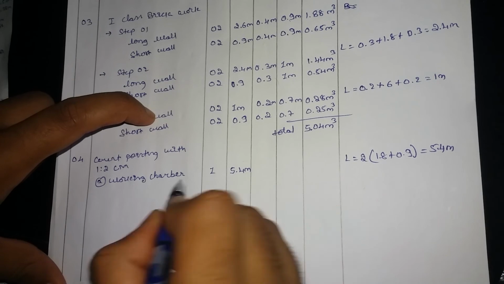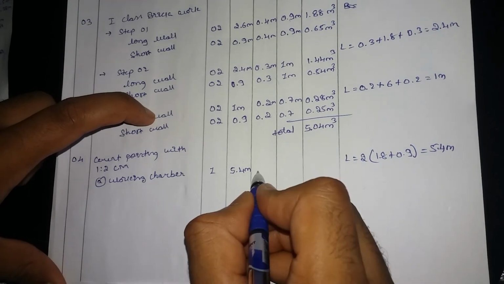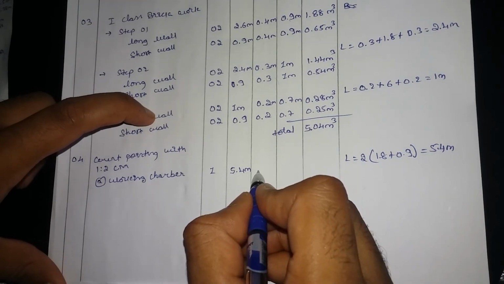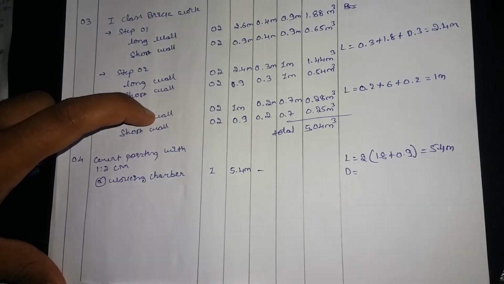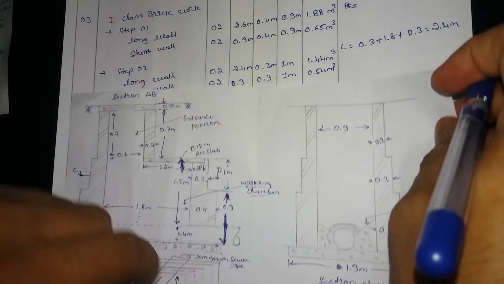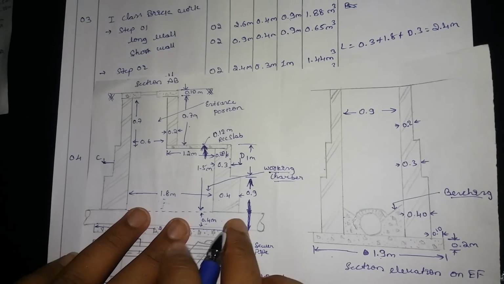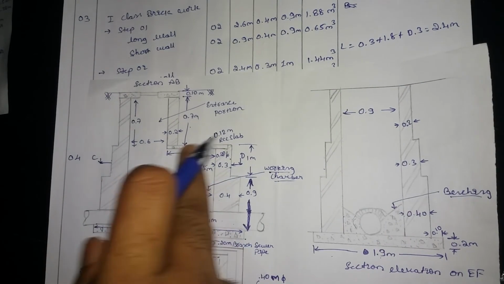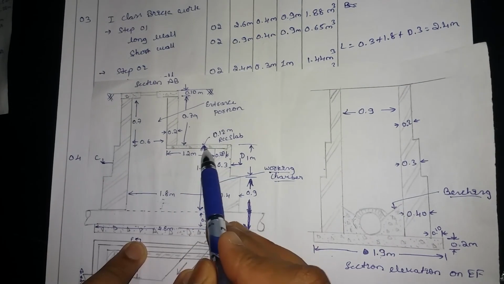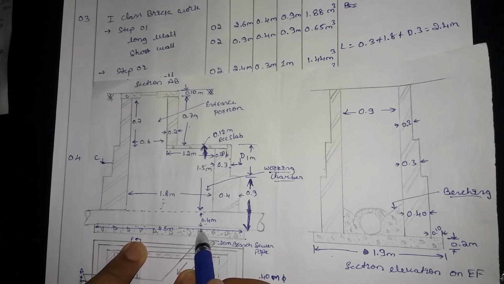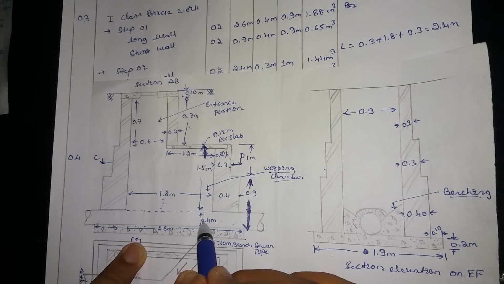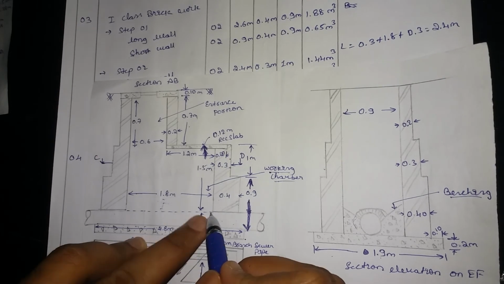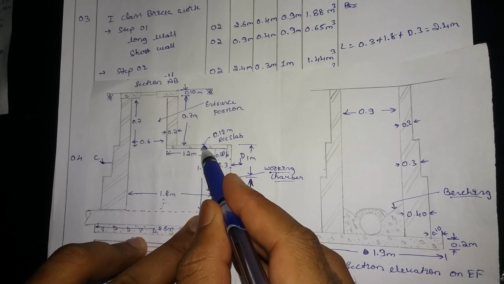Now whenever we are going for plastering, we won't go for the breadth, we only go for the depth. So now we need to find out the depth. How will you find out the depth of that part? Here in this diagram, we need to find the working chamber depth. It starts from this edge and ends up to here, right? Instead of going here, we have a pipe, so 0.4 is deducted, so you are considering from here to here.